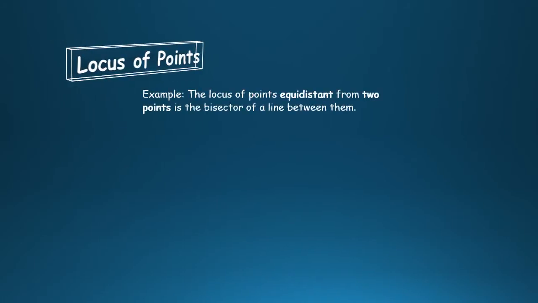The next example is locus of points equidistant from 2 points, and this is going to be a bisector of a line between them. We have points P and Q, and we're trying to find a locus of points equidistant from them. Of course, all of the points on the red line perpendicular and bisecting line PQ will satisfy that.